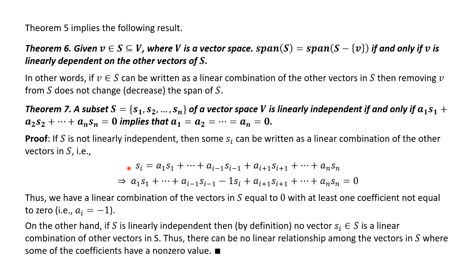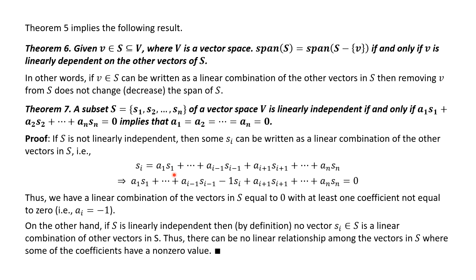And then we can just move the si inside of this to the right, and we basically have a linear combination of the vectors from S that equals 0, where at least one of them has a coefficient not equal to 0. So in other words, it negates this part of the theorem.